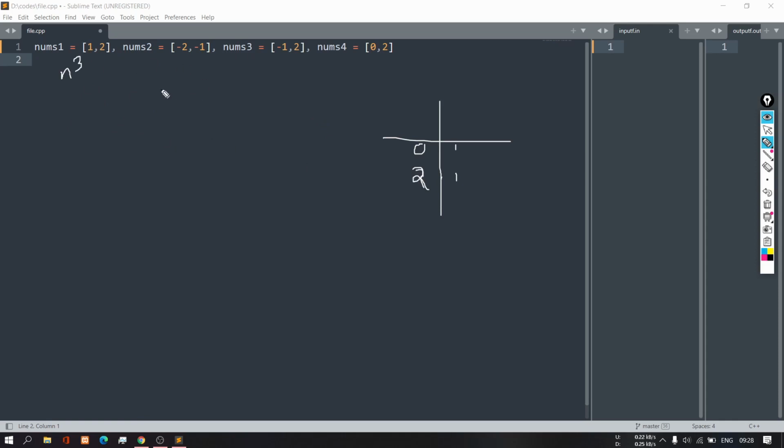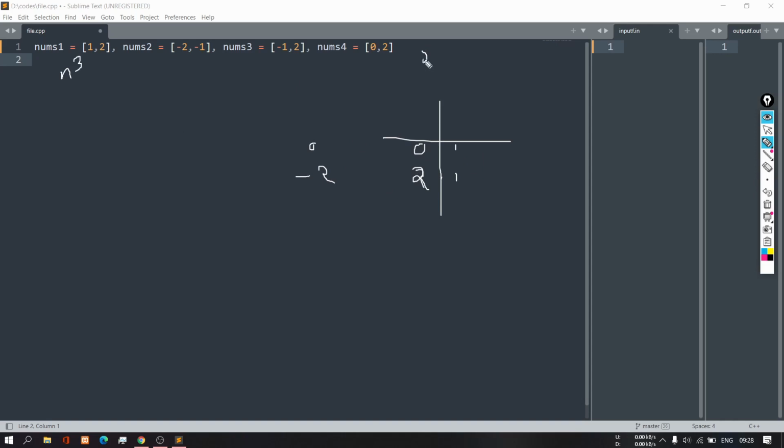Like here, 0 is present and 2 is present. So if you are able to find a sum of -2, then -2 and +2 give you 0, so you get one answer. Similarly, if you manage to find 0 from these three, then again 0 is inside, so 0 plus 0, you will get an answer.